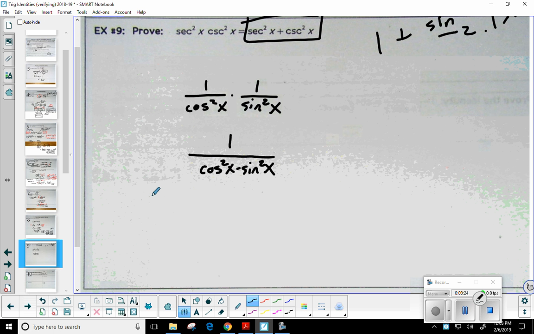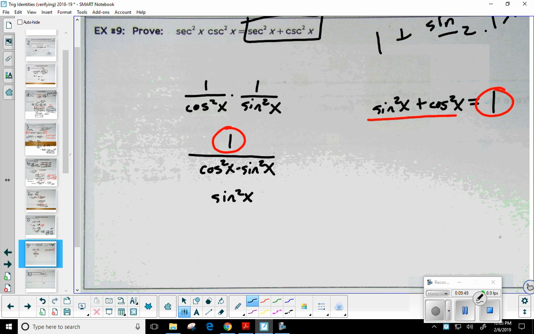This is how he originally started, right? Now, I was talking about using a Pythagorean identity, but it may not have been very obvious. Remember that sine squared plus cosine squared equals 1. So I can replace that 1. That's how I got my plus in there.